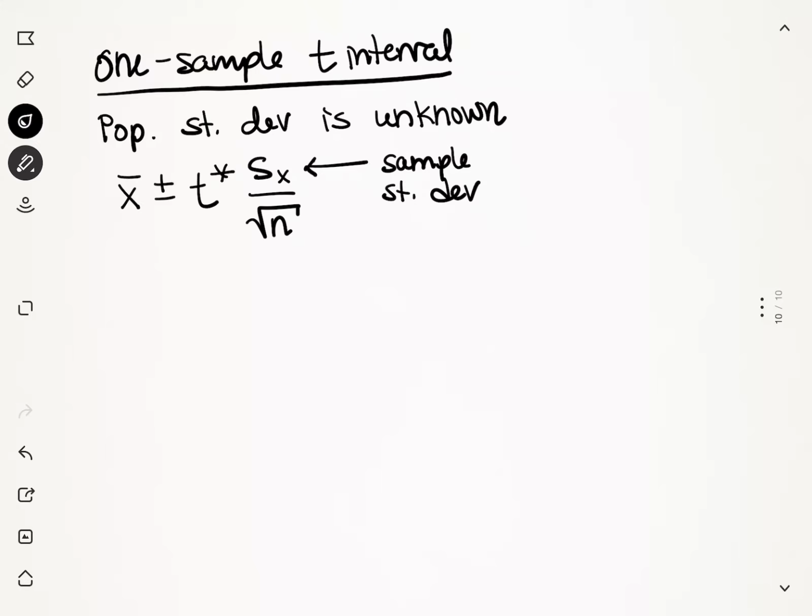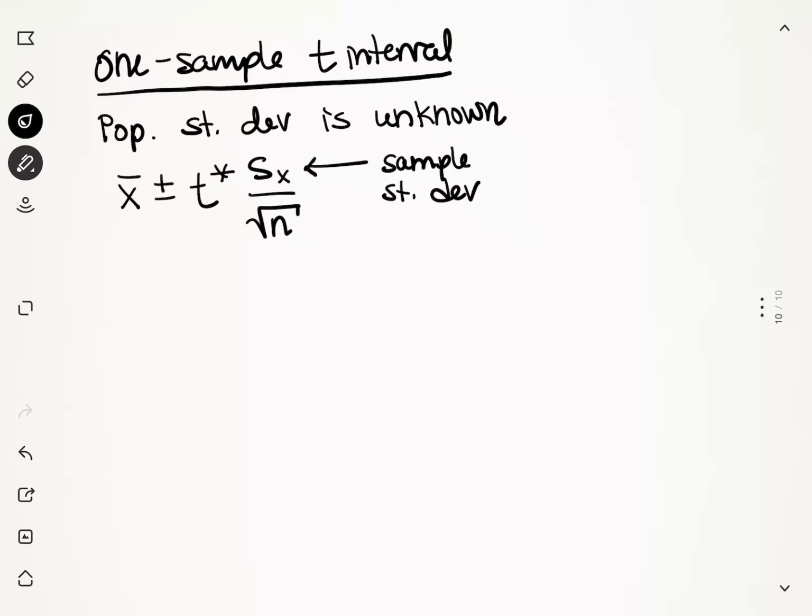And that is something that would be either given to you in a problem. They said we took a random sample and we got a mean of x bar and we got a sample standard deviation of Sx.